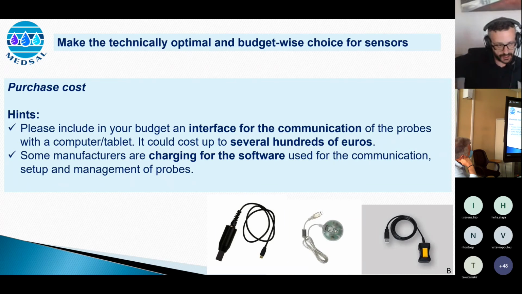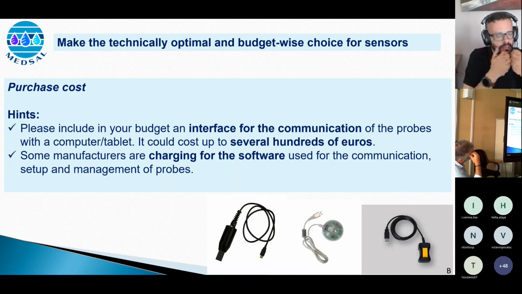Also, it is very critical to mention that some of the manufacturers are charging for the software that is being used for the communication setup and management of the probes. You shouldn't consider that, okay, I buy the probe, so the software is free. This is the most usual, but there are several cases for which you have to pay extra money for the software.